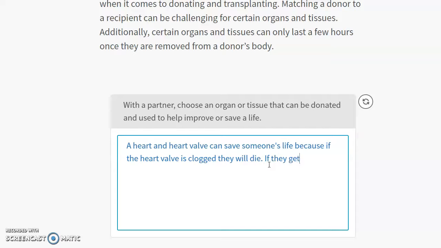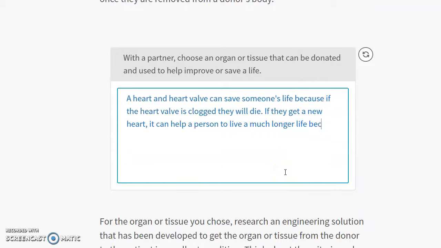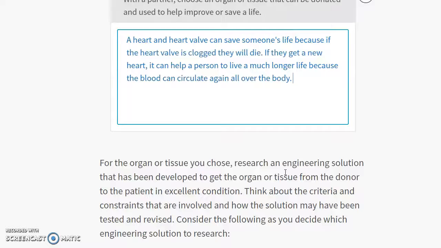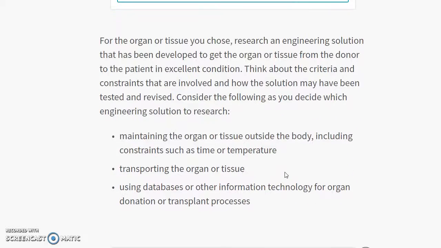If they get a new heart, it can help a person to live a much longer life, because the blood can circulate again all over the body. The heart is really important for circulating the blood, so I wanted to add that.